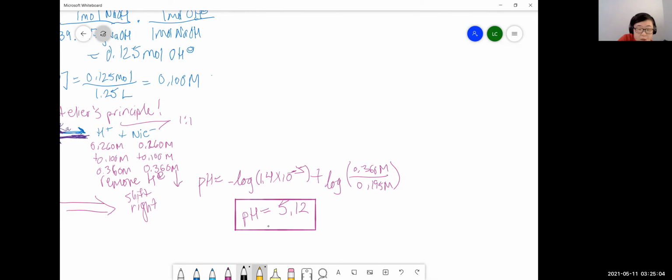So if we do a sanity check, we notice it's slightly above because we added a base.